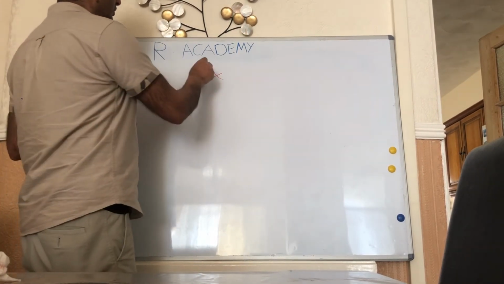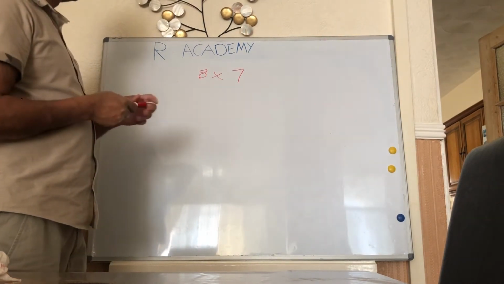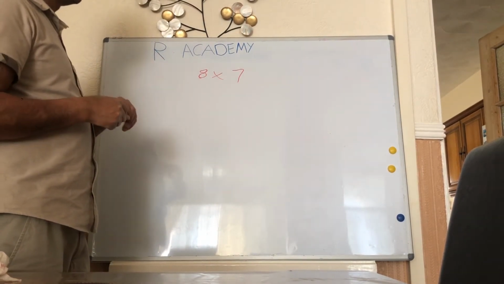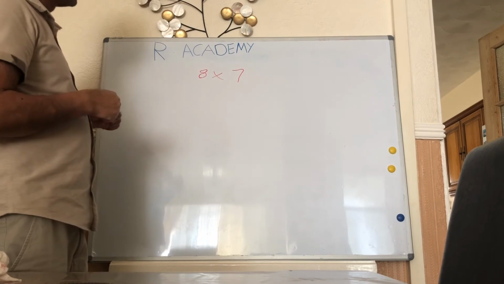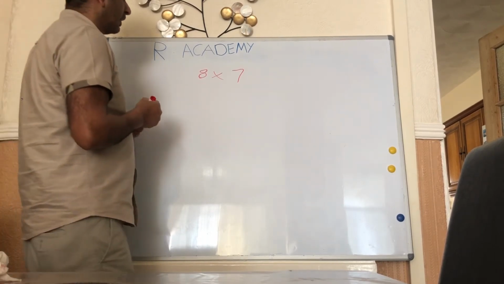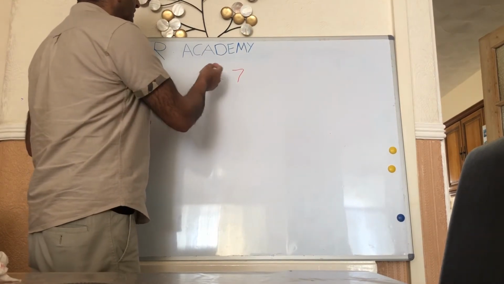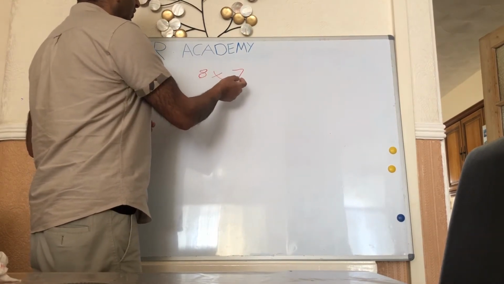So let's do 8 times 7. Now a lot of you will know that off by heart and you know straight away what the answer is. But if you didn't and you were stuck, then just break it down. So it's 8 lots of 7.